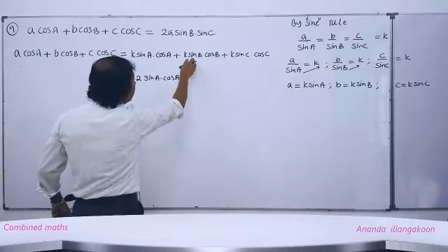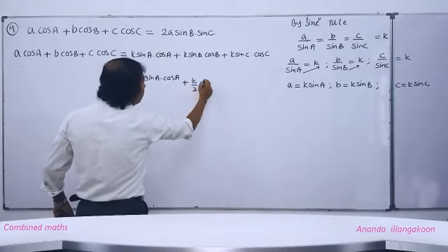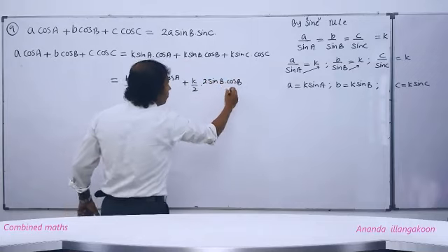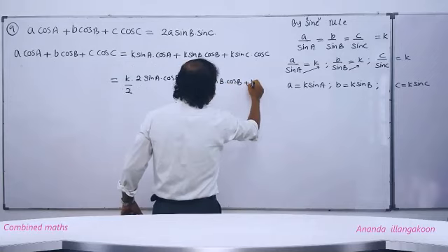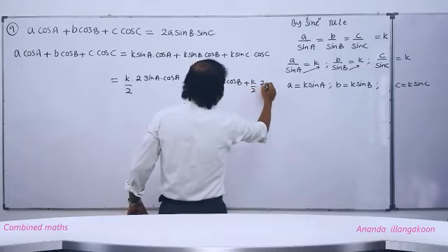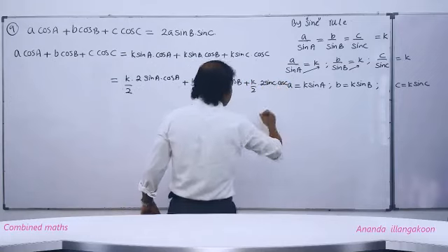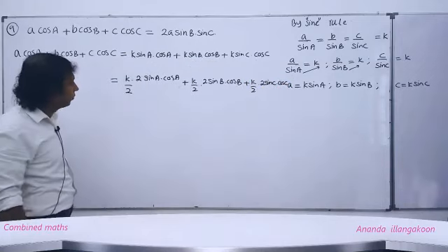And here also, k divided by 2, 2 sin B cos B. And here also, k divided by 2, 2 sin C cos C.